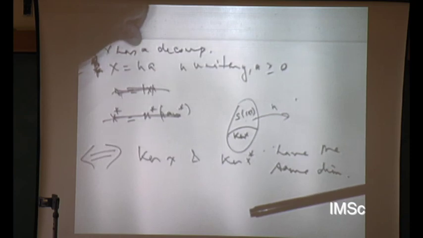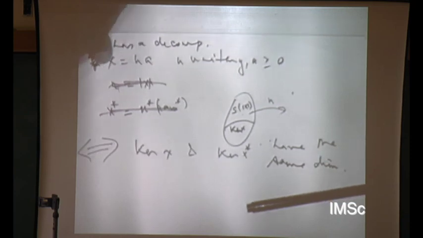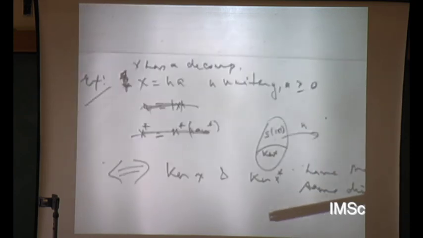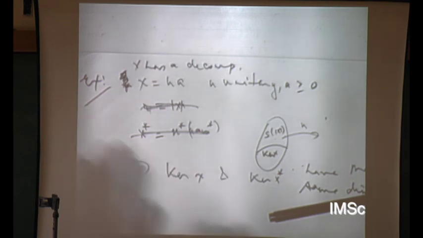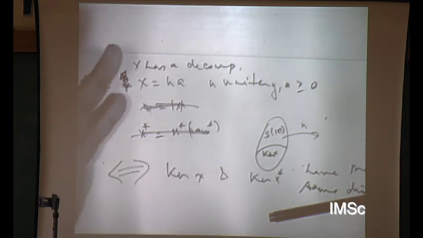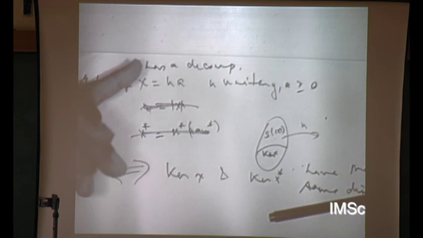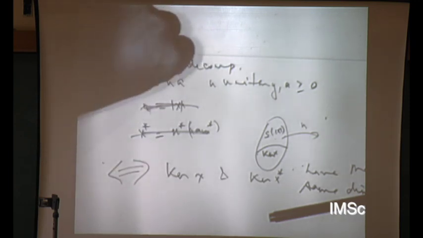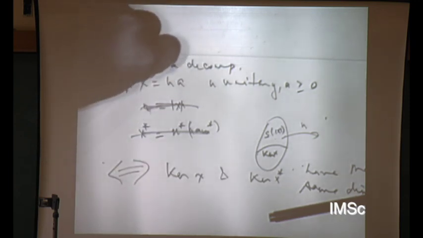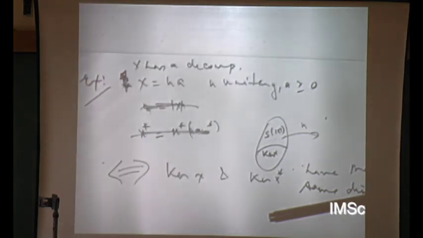Conversely, if you have such a decomposition, then it's trivial to see that X kills something if and only if X star kills U of that.